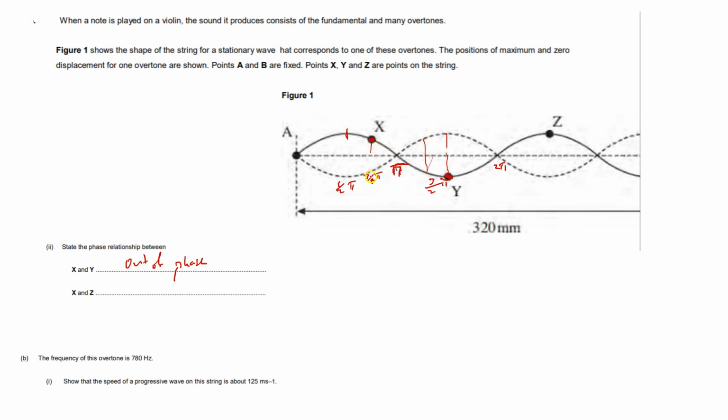So from here to here is 3/4. From here to here is 3/4. From here to here is another 3/4. So we're adding another 3/4, then another 3/4.